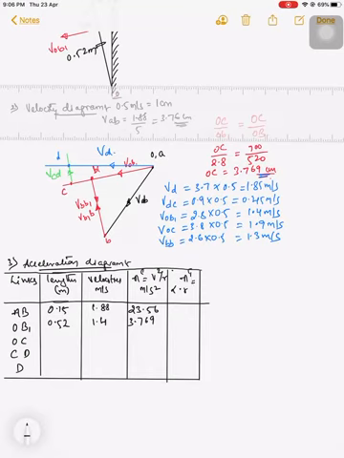Now let us consider the next link OC. Directly in the problem itself, the OC link length is given as 700 millimeter, that is 0.7, and the velocity of OC is found out to be 1.9 meter per second.